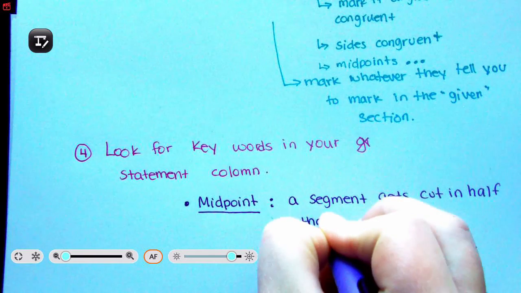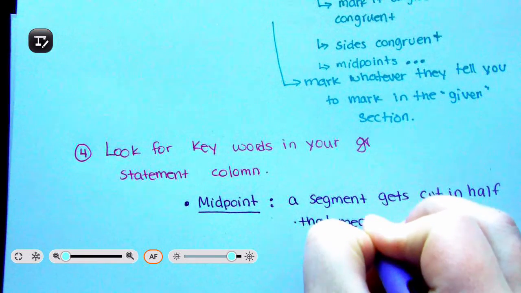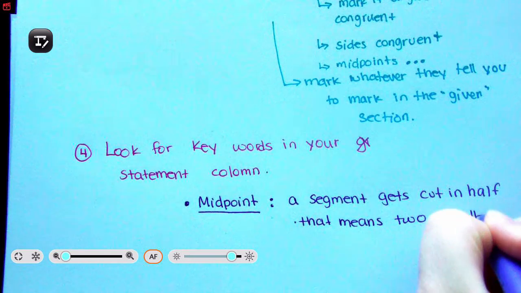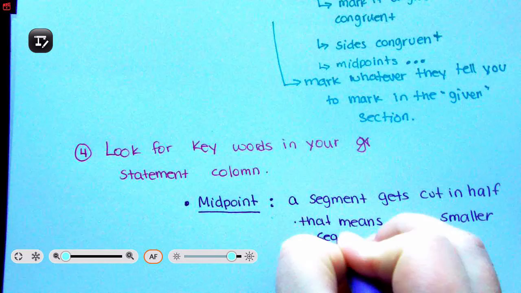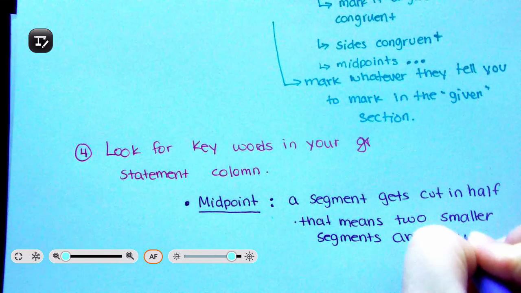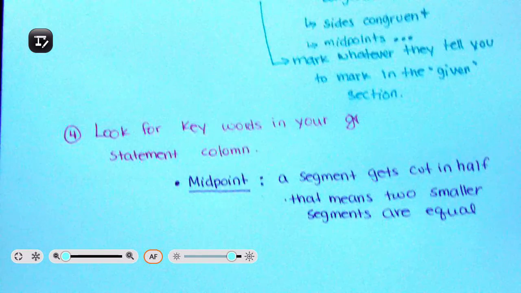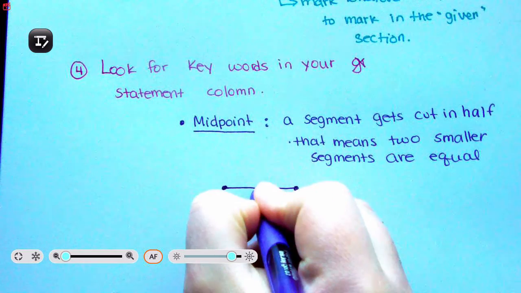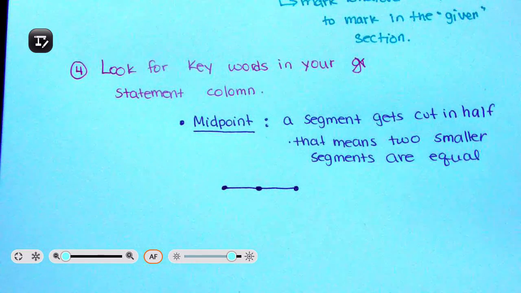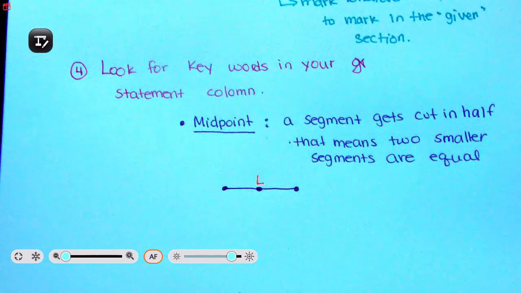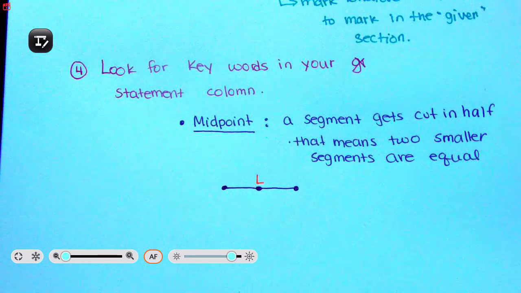That means 2 smaller segments are equal. So, for example, if you have on a triangle, they say L is the midpoint, then you're going to say that L is the midpoint.